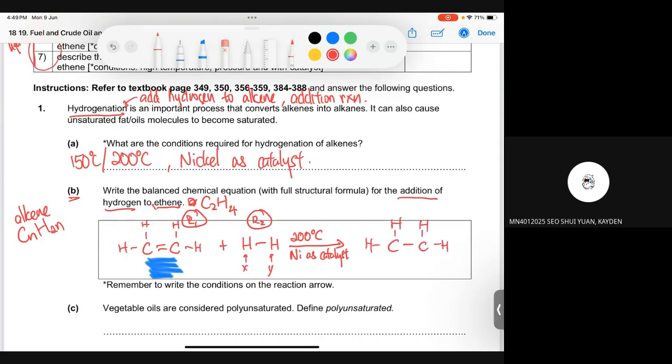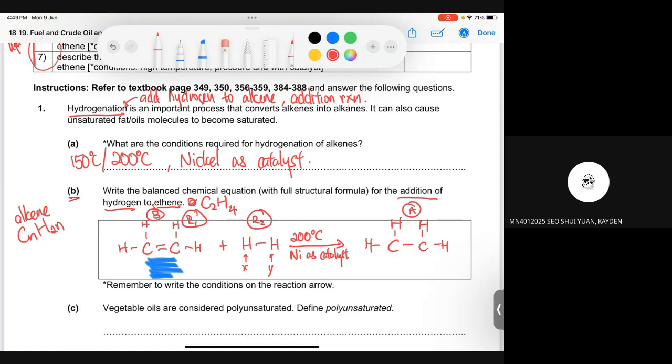When I draw like that, what was the difference between A and B? The double bond. So whenever you do addition reaction, the double bond will... you don't use the term disappear, use the term break. The double bond will break and my hydrogens will be added in.